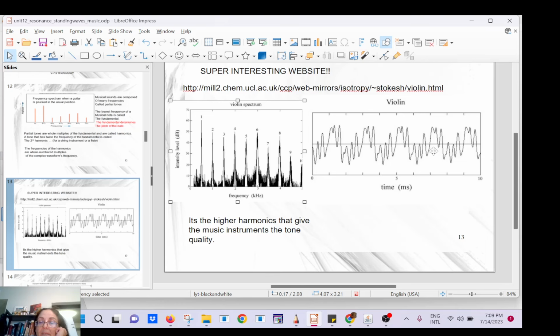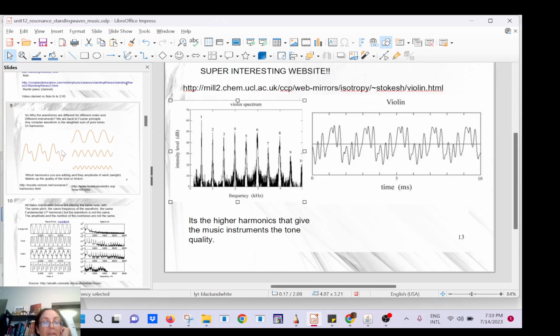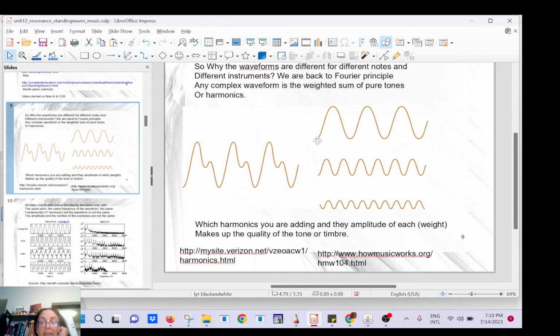You see that it's a superposition of all those harmonics. The idea is you take all those harmonics and combine them together linearly, each one has a special weight, and that will make the sound that you hear.